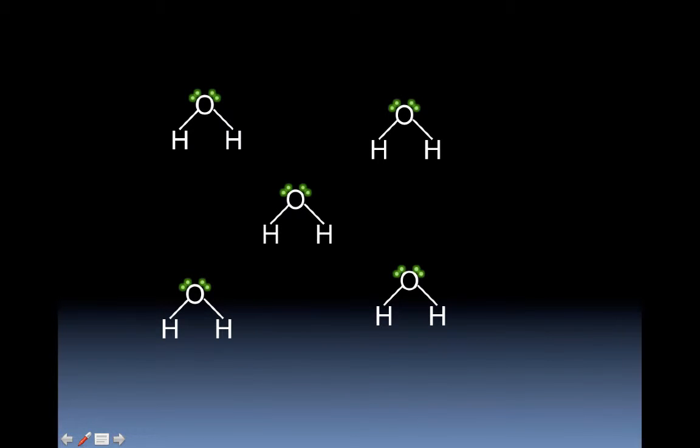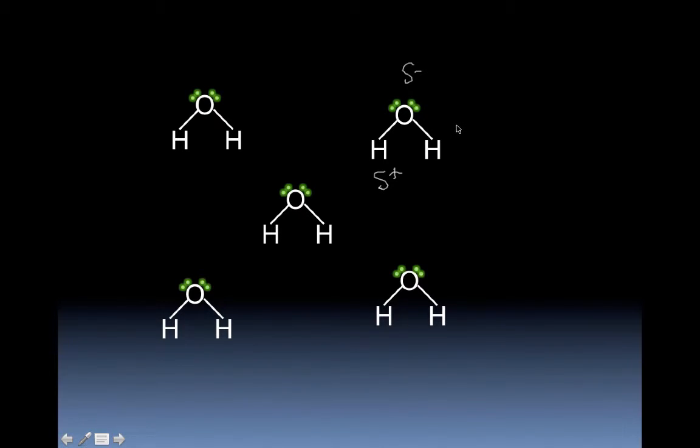Water can also form hydrogen bonds with other water molecules. In liquid water, the water molecules are constantly forming and breaking hydrogen bonds. Recall that the partial negative side of the water molecule is the end where the oxygen is located. In green, I've shown electrons that are paired but not participating in bonds. And the other end of the molecule, where the hydrogens are, is partially positive.